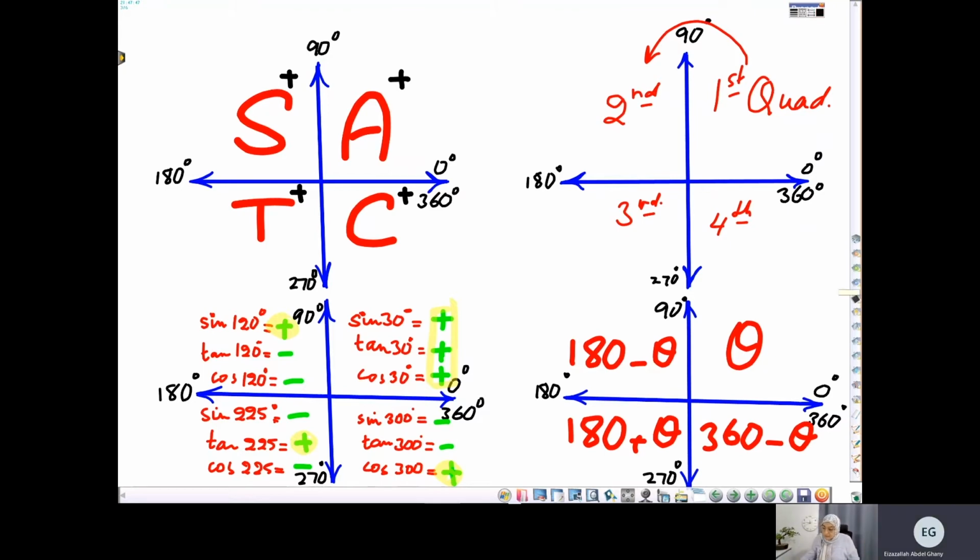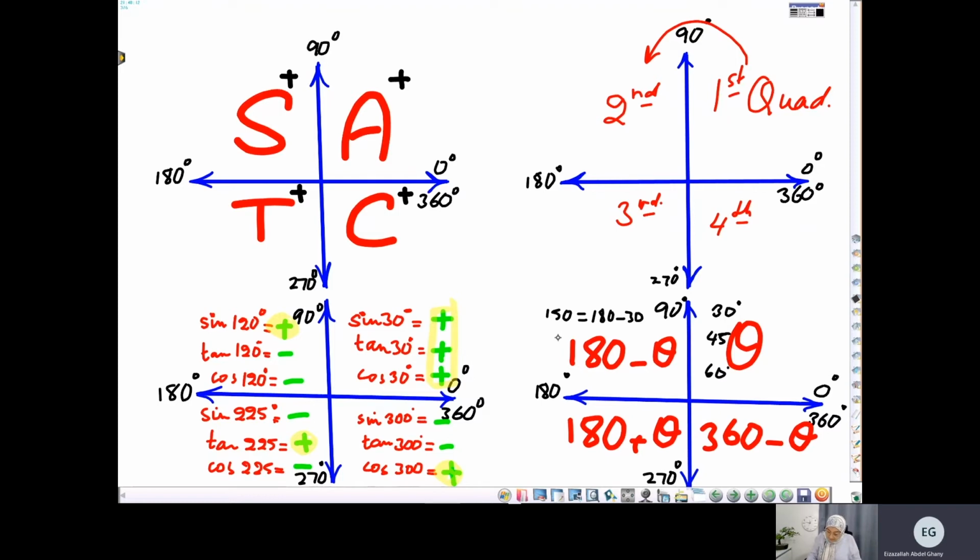Okay, I'll write these examples now just to remind you. If this angle here is 30 or 45 or 60. In the second quadrant, if this angle is 150, you don't call it 150, you call it 180 minus an acute angle, which is 30.